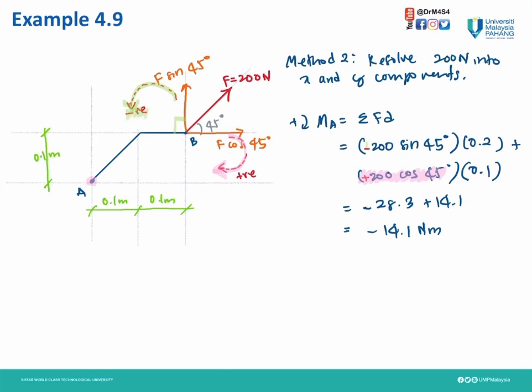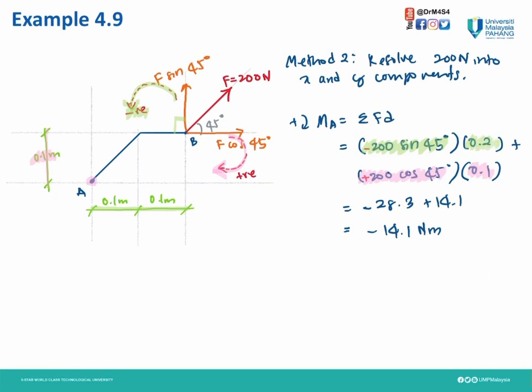That's why here is negative 200 sin 45 degree. And for the perpendicular distance, for F cos 45 it is 0.1. And for F sin 45, the perpendicular distance to point A is 0.1 plus 0.1, so times 0.2.